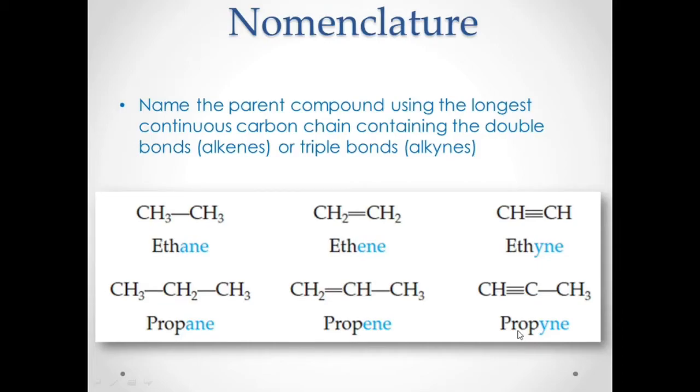If it is an alkene, it is butene. If it is an alkyne, it is butyne. For a five-carbon compound, you have pentane. If it is an alkene, that becomes pentene. If it is an alkyne, that becomes pentyne. And so on and so forth. So you have hexane, hexene, hexyne, heptane, heptene, and heptyne, and so on.